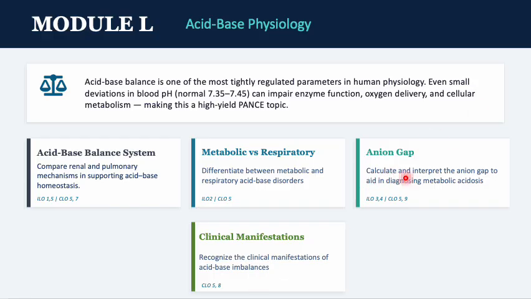We'll also go over the anion gap, how to calculate it and interpret it to aid in diagnosing metabolic acidosis. Then I'll give you some clinical manifestations so you'll be able to recognize the clinical manifestations of acid-base imbalances.